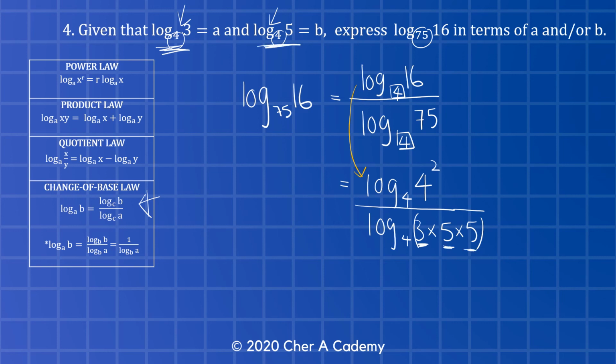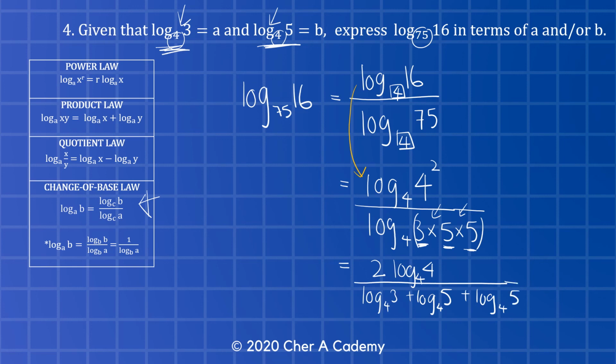Okay, so now let's use the power law to break down the numerator. So I bring down the power to log base 4 4, okay, over, okay, so since I have many multiple signs here, I'm going to break them out using the product law. So I have log base 4 3 plus log base 4 5 plus log base 4 5.